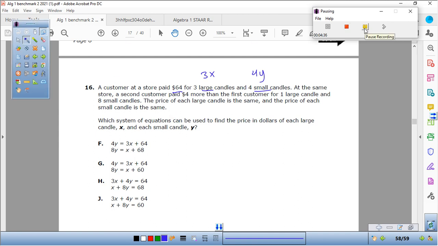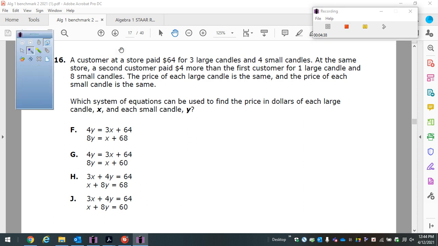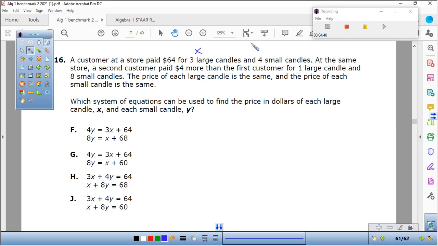Okay, on this next one, we're just going to go through it real quick. X and y, and then go to 64, where 3x plus 4y equals 64. Those go together. At the same time, a second customer paid 4 more than the first customer, so this one paid 64, this one paid 4 more, so that's 68.